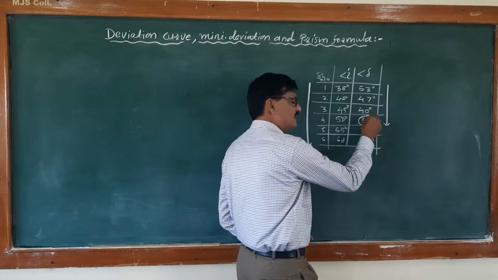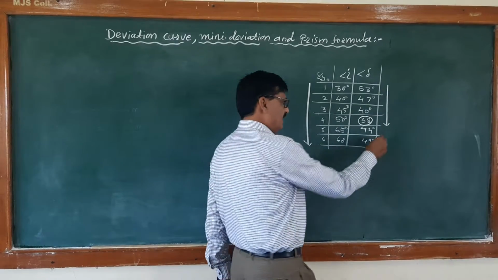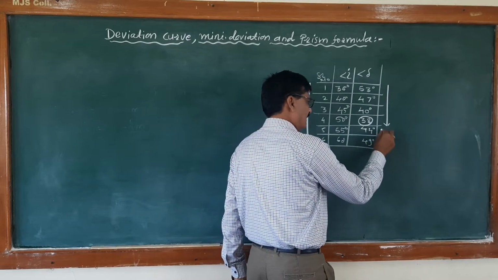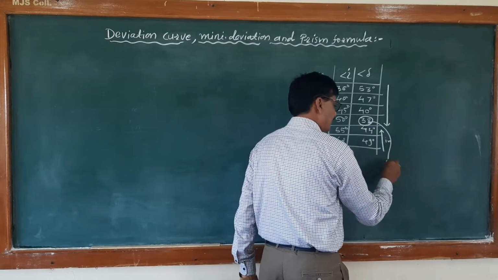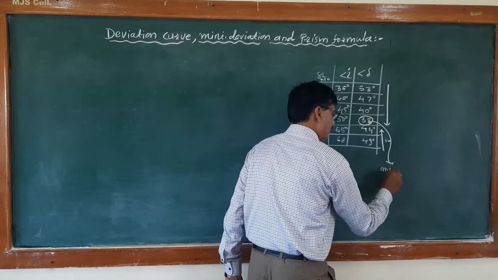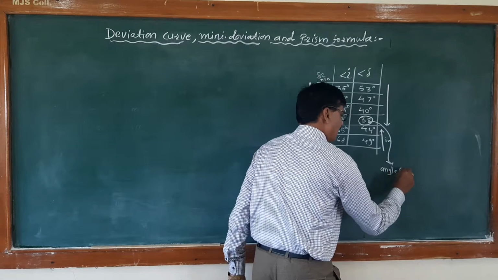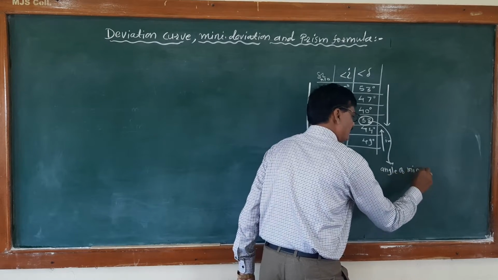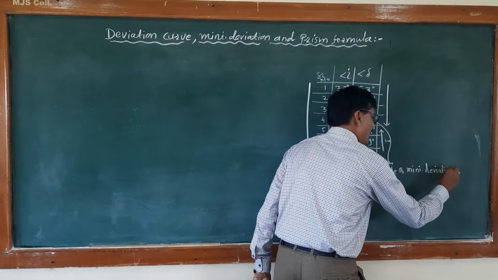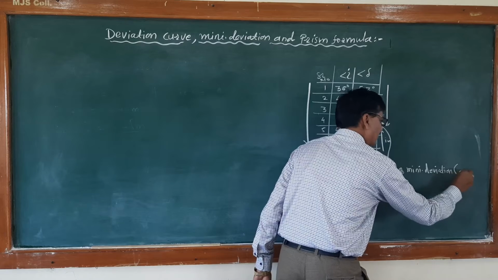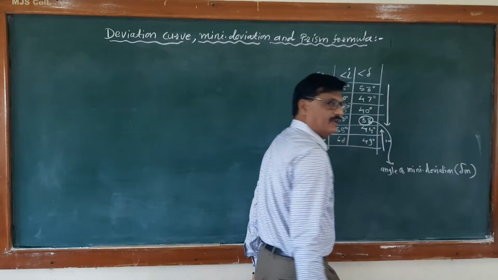This means that this is 38 degree, and again it goes on increasing. This minimum value is called the angle of minimum deviation, and it is denoted by delta m.